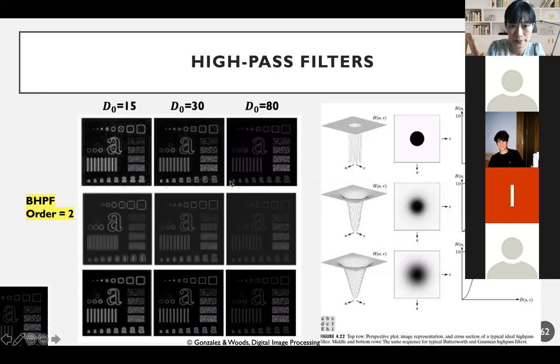The top row is the result from the ideal filter, corresponding to the shape of the transfer function of the ideal high pass filter here. The second row is high pass Butterworth, and I think the last one is the Gaussian high pass.